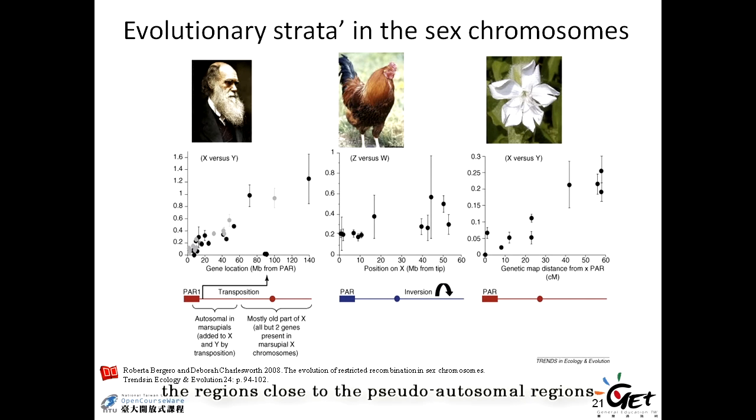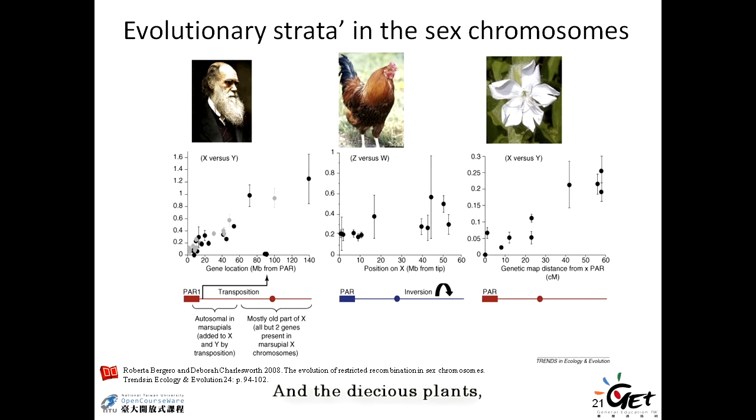The regions close to the pseudo-autosomal region are less diverged than the regions far from it. But you probably also notice there are regions with reduced divergence away from the PAR region, which is because an inversion occurred on this chromosome.